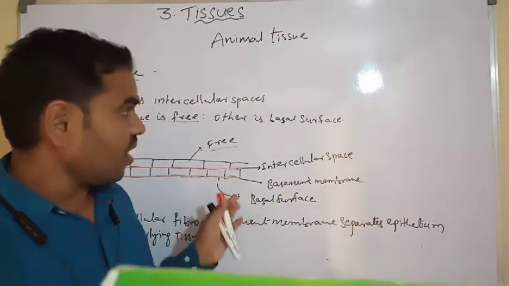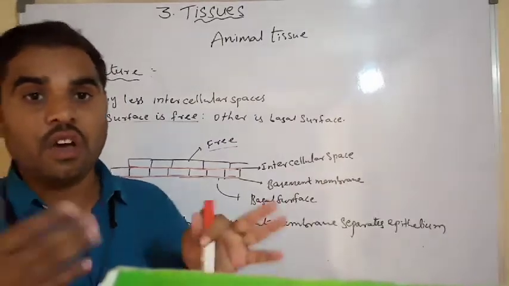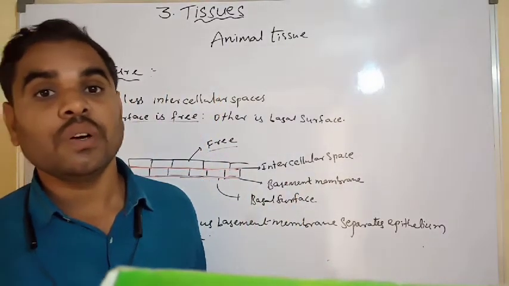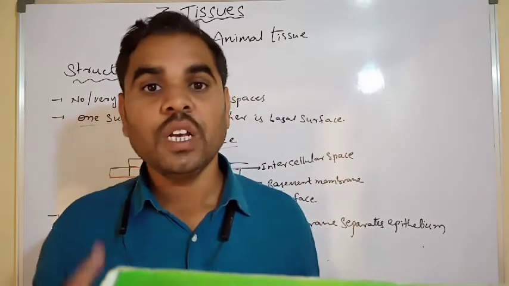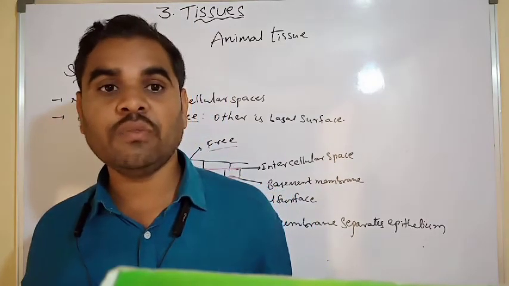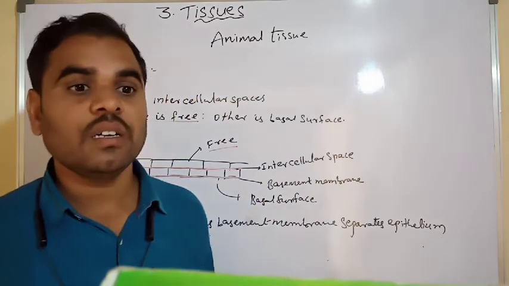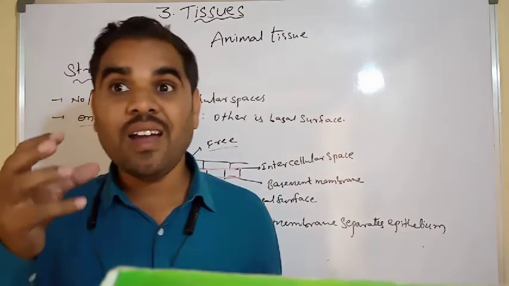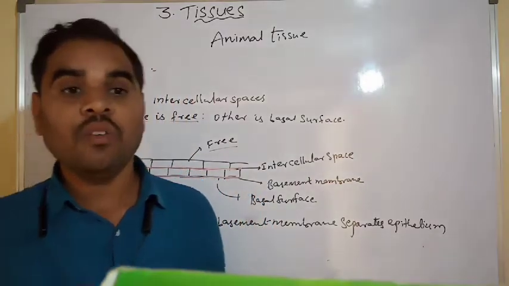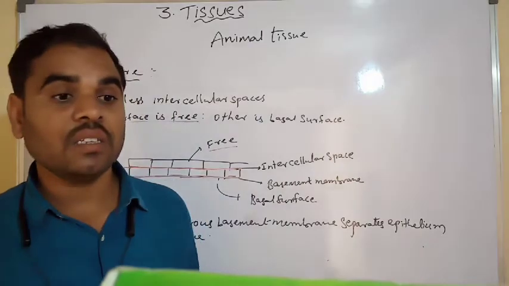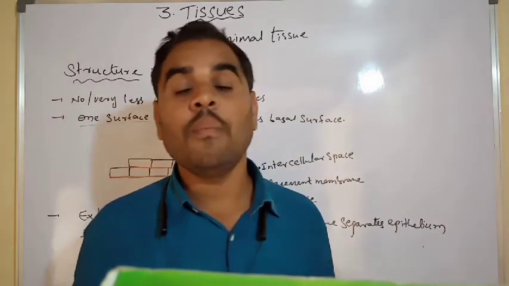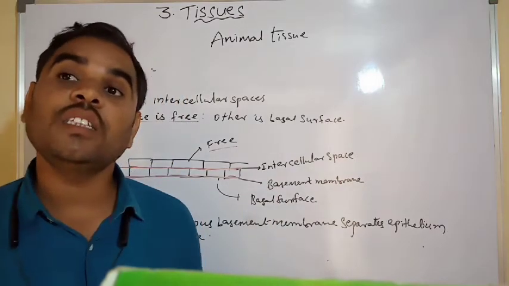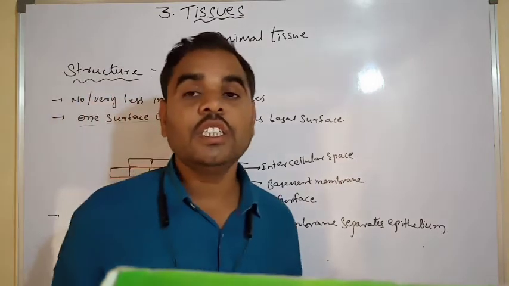Next, this is about the structure. Now we have to learn where we find epithelial tissue. Where is this epithelial tissue present? A number of questions may be rising in your mind while watching. Lining of the mouth, skin, alveoli of lungs, lining of blood vessels, kidney tubules.